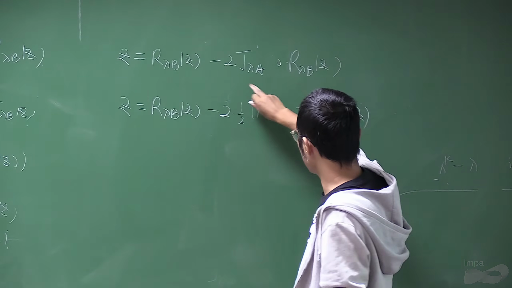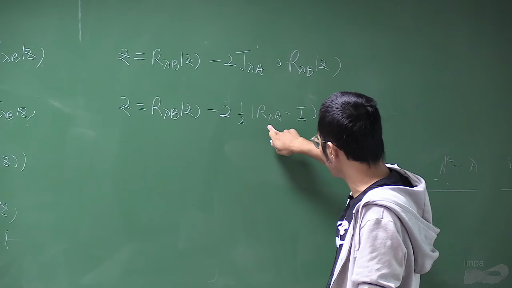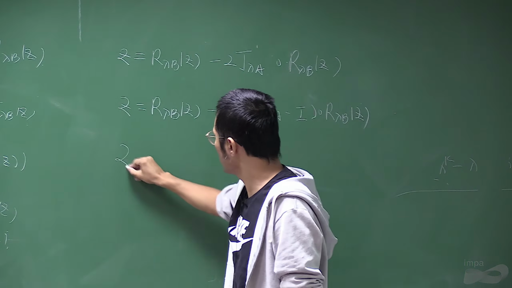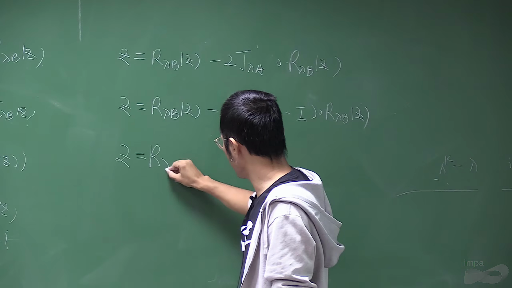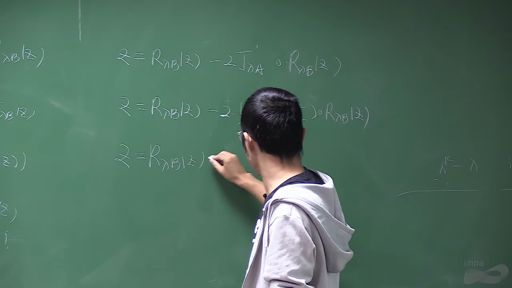Okay, we use the definition of reflection here. So Z equals to the reflection of BZ minus.